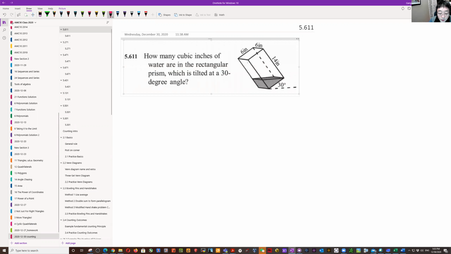So this one is actually a Pythagorean theorem problem in disguise. It is a rectangular prism, and in a 3D problem, always try to do a shadow, like shine a light ray.